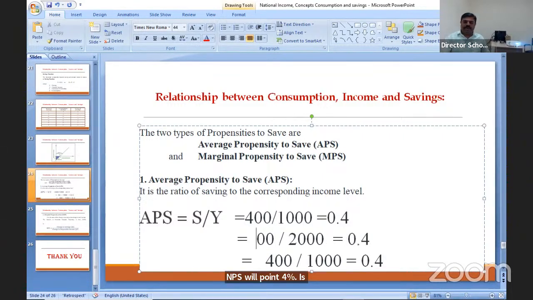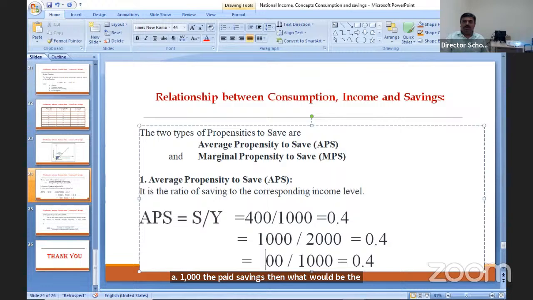If we consider that there is 1000 rupees savings, then what will be the value? 0.6. Is this? The MPC will be 0.6 because MPC plus MPS is 1. Then 0.4 plus 0.6 becomes 1.